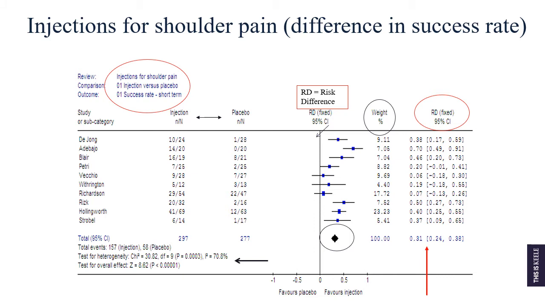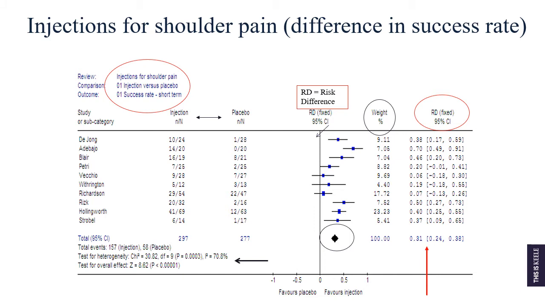It's looking at a success rate in the short term and comparing the differences in risk across the studies. The studies are listed down the left-hand side with the success rate for the injection arm and the placebo arm across it.